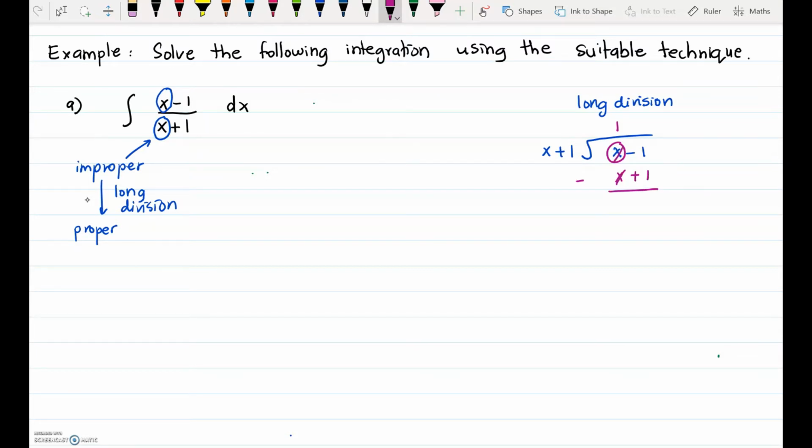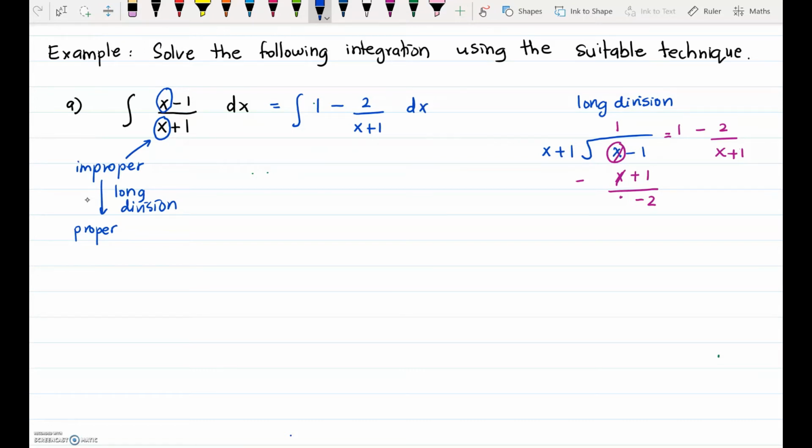So x minus x is 0, negative 1 minus 1 is negative 2. The result will be 1 minus 2 over x plus 1. So we have simplified this rational function, and it will be the integration of 1 minus 2 over x plus 1 dx.